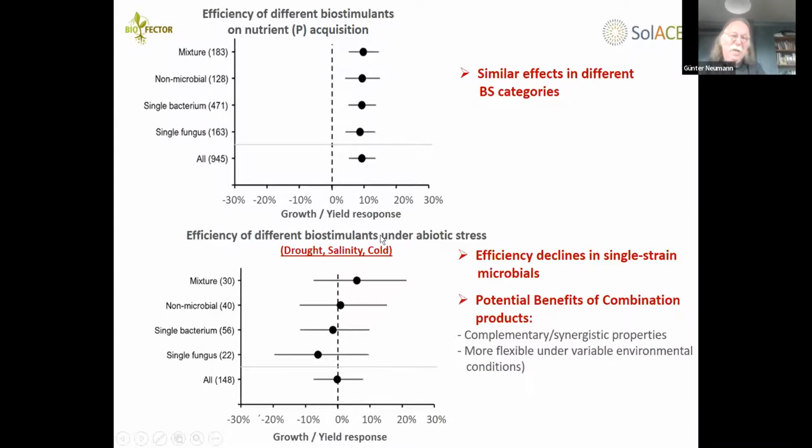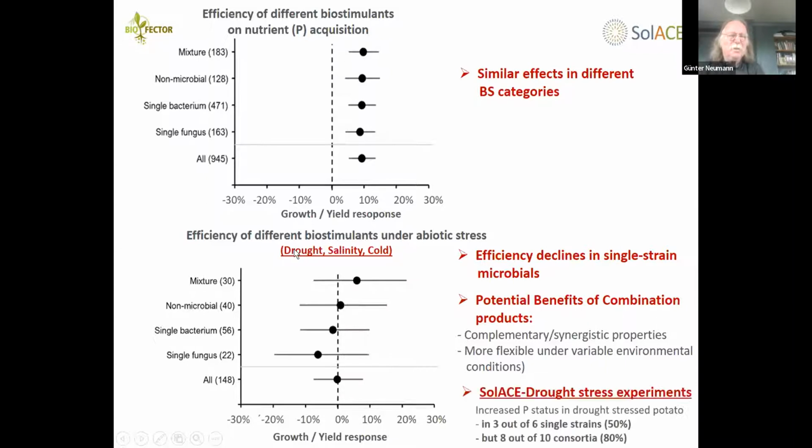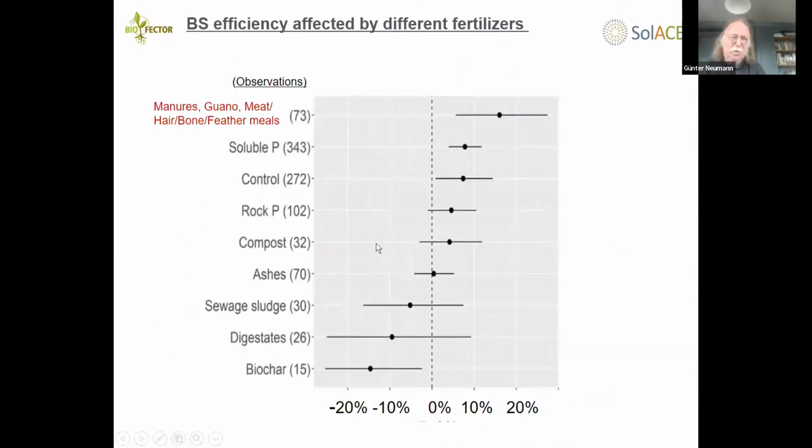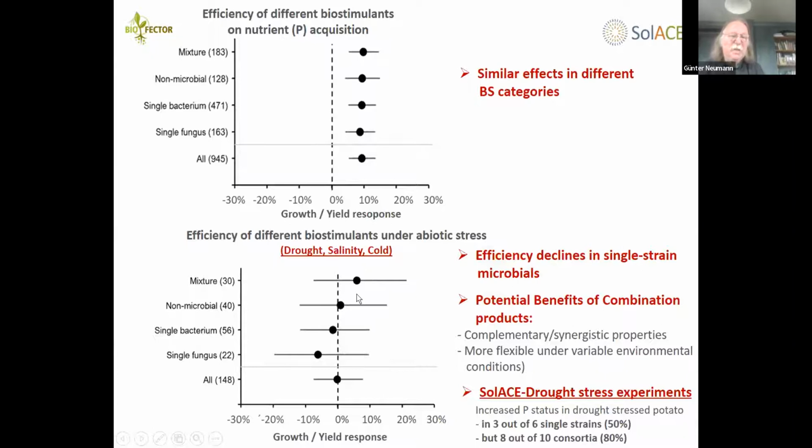When we change the experimental question to really stress conditions, so experiments which have been designed to assess tolerance against drought, salinity, or cold, the picture changes completely. Here we clearly saw that obviously the efficiency, particularly of the microbials, declined.